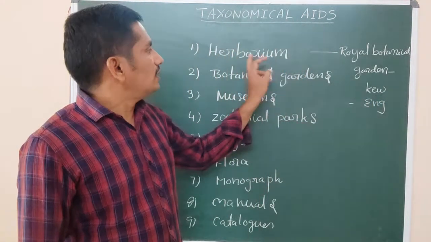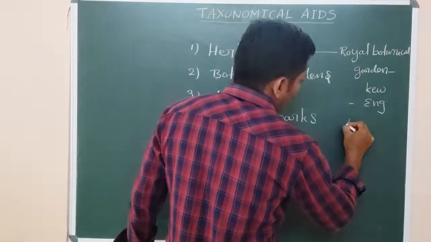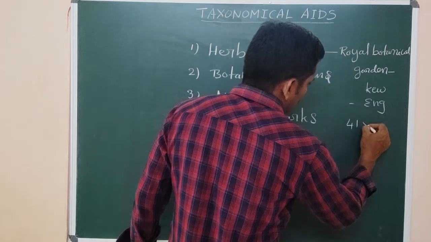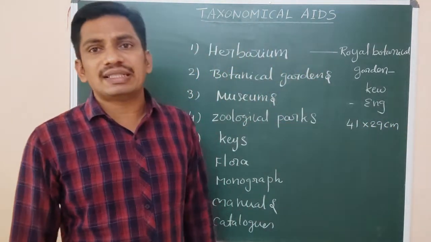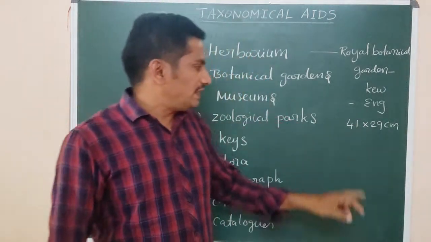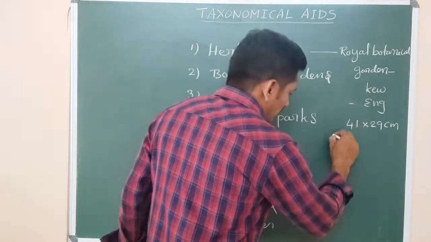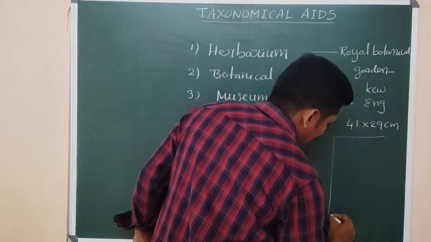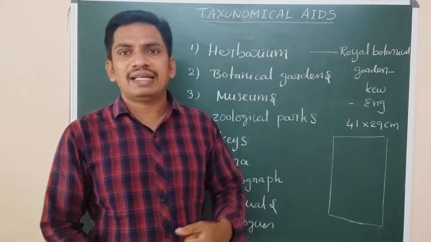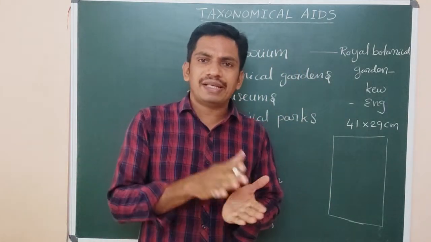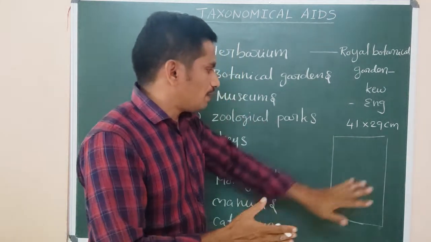The standard herbarium sheet measures about 41 by 29 centimeters. On the sheet, the plant part we collected has to be pressed and dried for a week. That trace has to be pasted here.